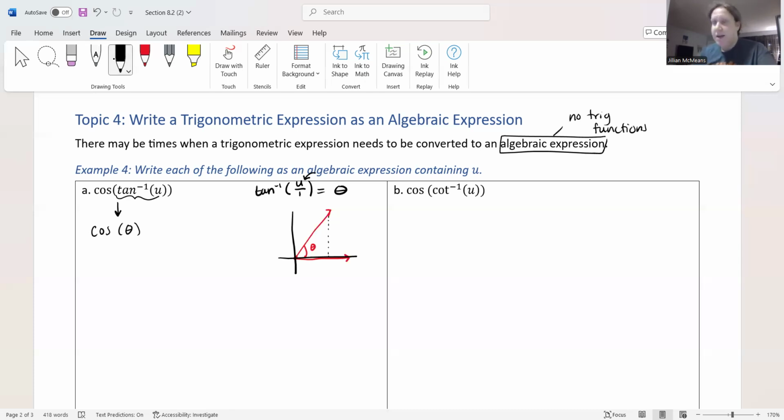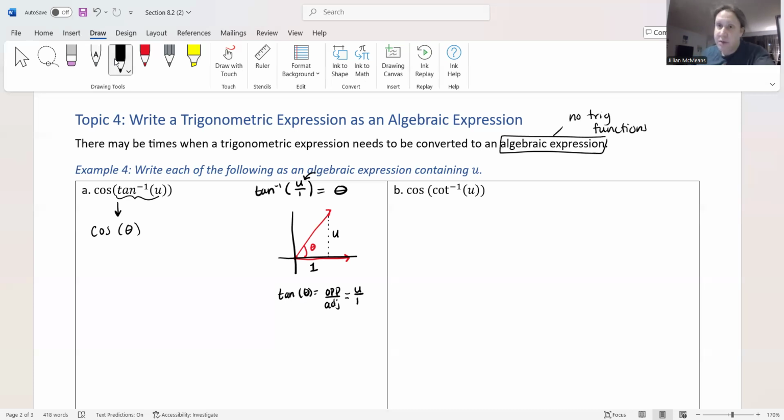So tangent, you have to remember, is always the opposite over the adjacent when we're talking about the ratio of sides. And we know that tangent of theta in this case is really u over 1. So that tells me that when I'm drawing this triangle, theta, okay, the side opposite that has to be u, and then the side adjacent to theta has to be 1.